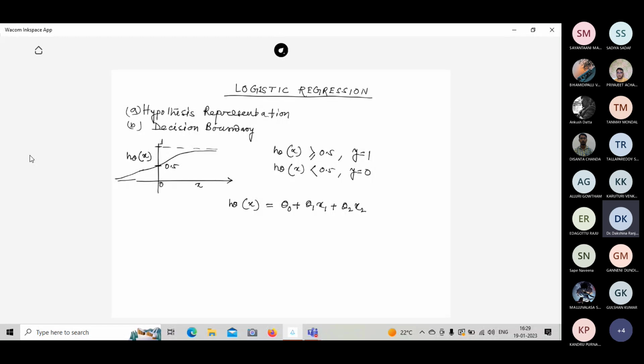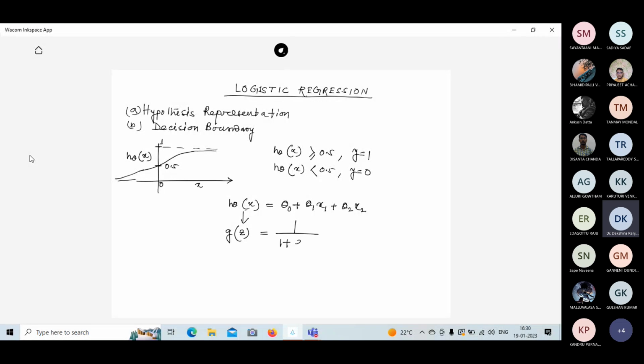Now what we are doing, we fit this hypothesis representation into the logistic function. Since logistic regression is used to classify the two classes for binary classification and assign labels for multi-class classification, we can put this hypothesis representation into this logistic regression function or logistic function or sigmoid function.